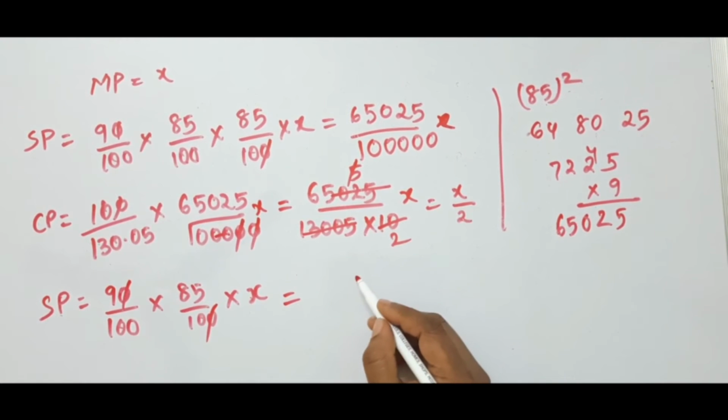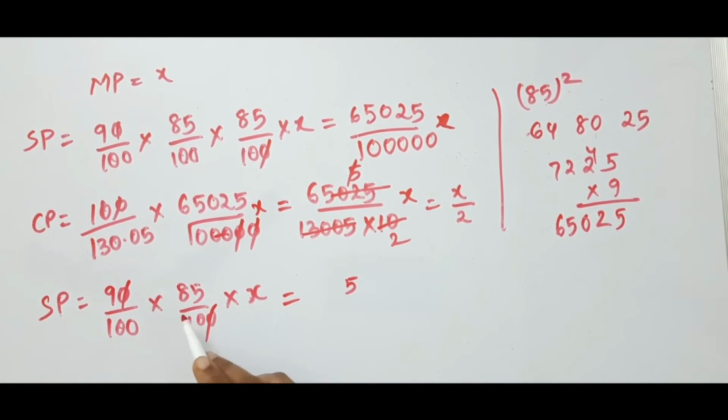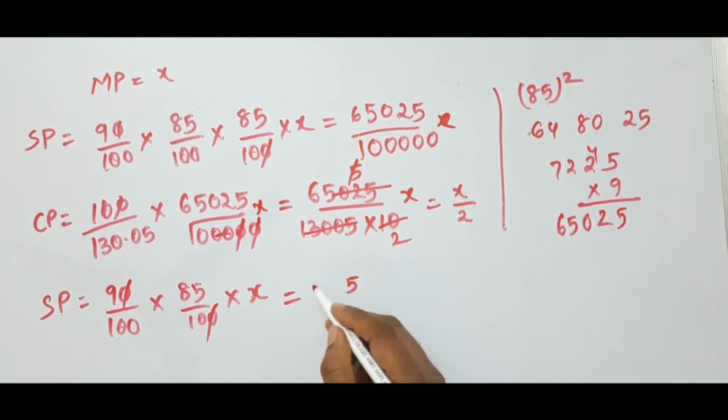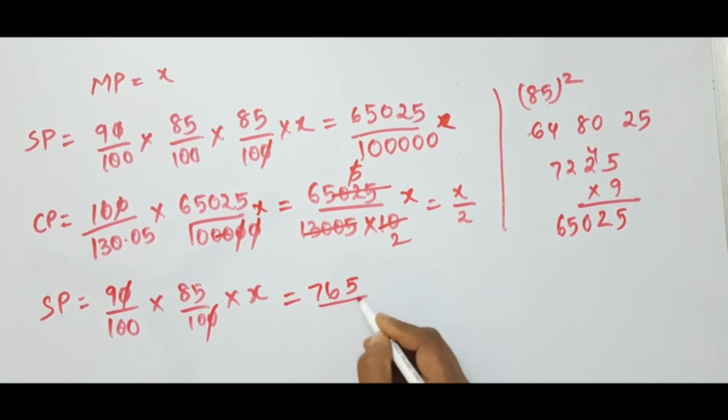This is equal to 85 into 9, right? 5 9s it is 45, 4 and it is 72 plus 4 is nothing but 76 by 1000 into X.